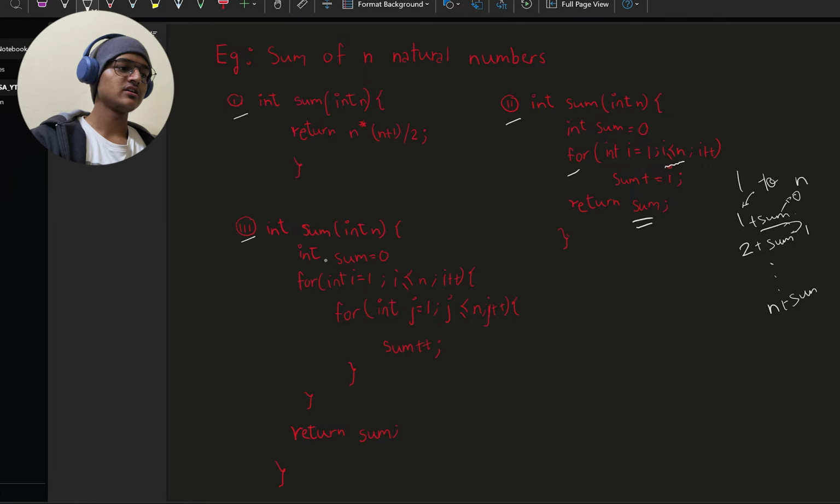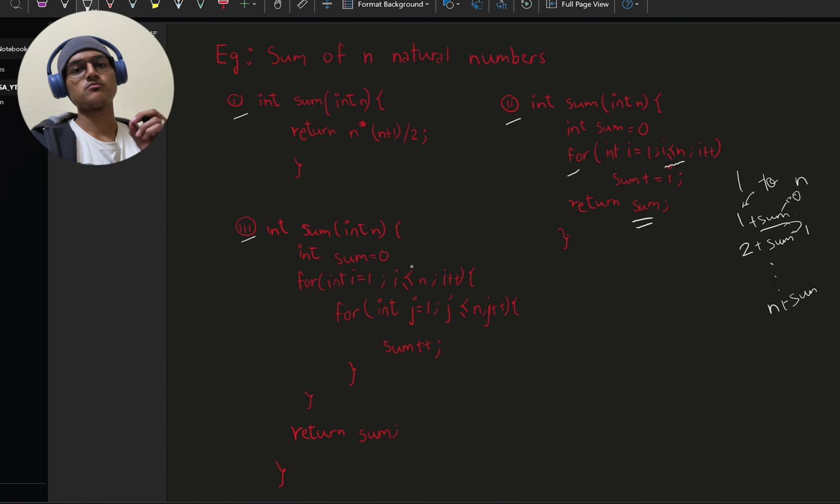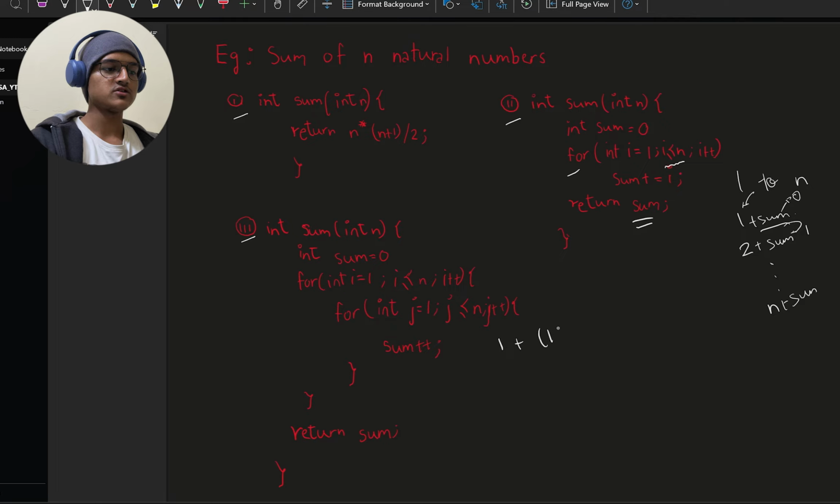The third method is a more detailed, more complex method, which rather than adding numbers from 1 to n by adding 1 plus 2 plus 3 plus 4, adds them in this manner: 1 plus 1, that is 2, plus 1 plus 1 plus 1, that is 3, and so on until it adds repetition of 1 n times.